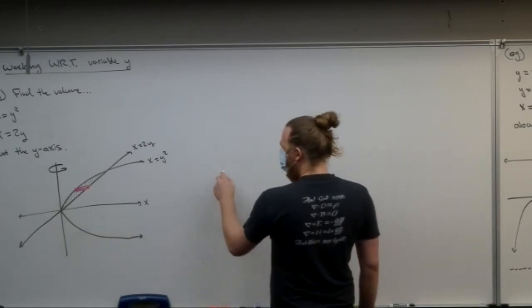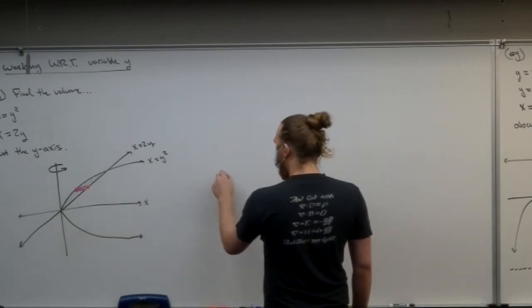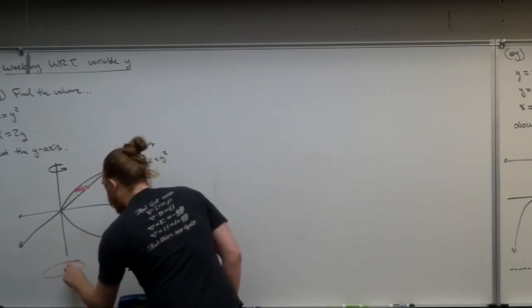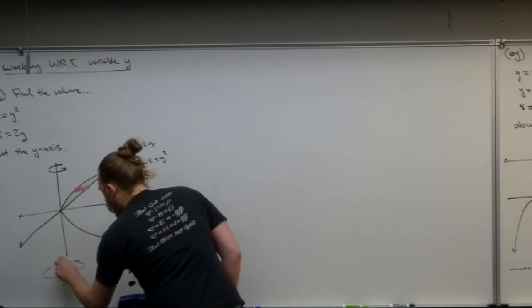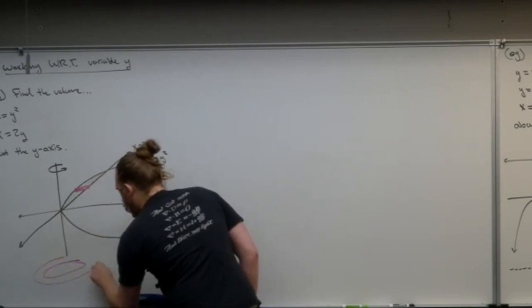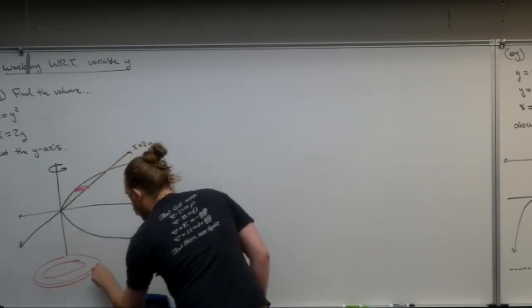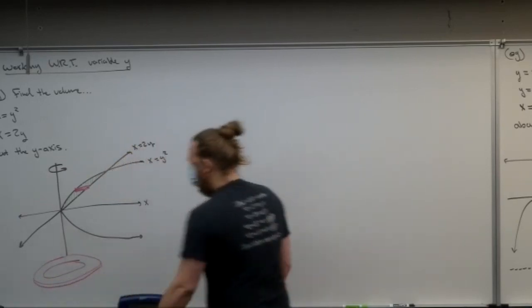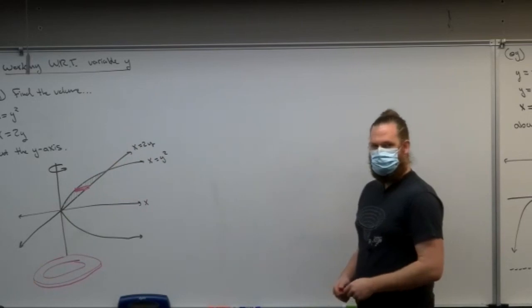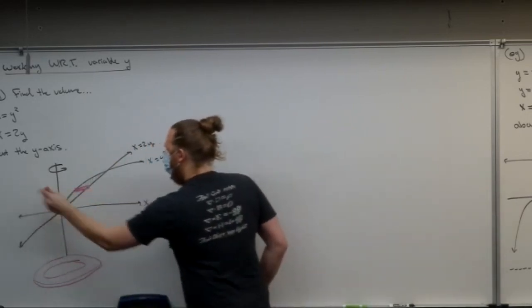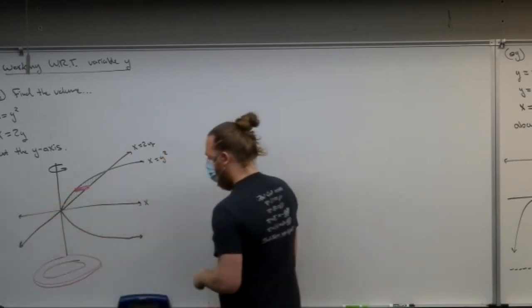If I rotate just that strip, put it down here, I will get a solid that looks like this. I take this strip and spin it around here. Get something looking like that.